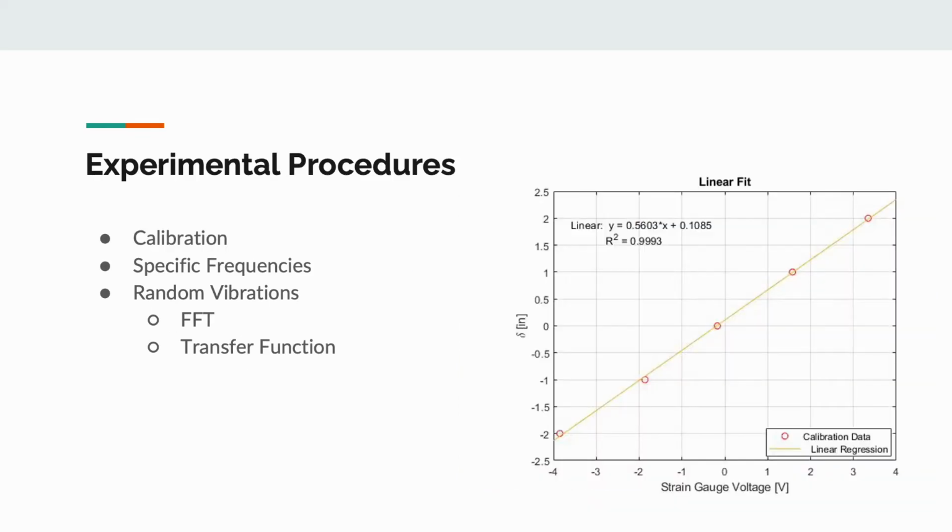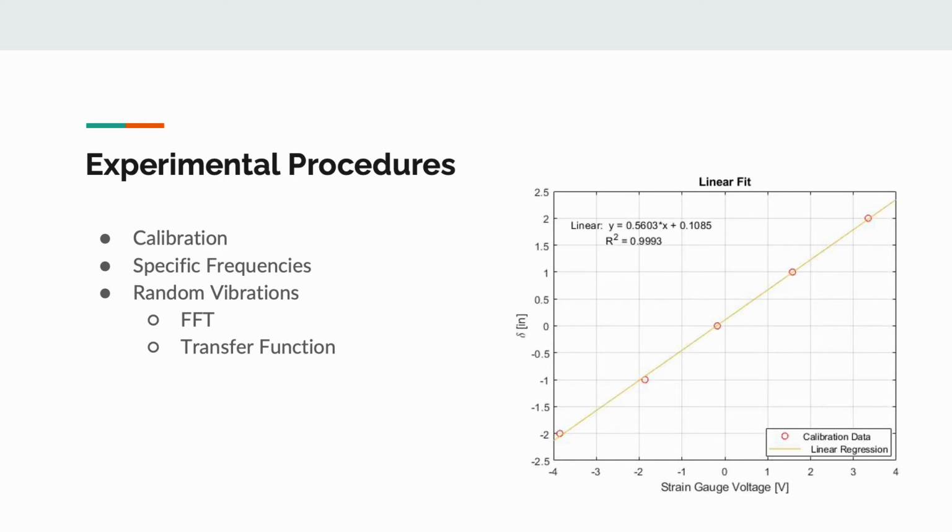So the first thing we did for the experimental procedures was calibrate all of our tools. We did this by measuring the strain gauge voltage and deflection at 2 inches to -2 inches. Then by measuring that data and fitting it with a linear fit, we were able to calibrate the tools.